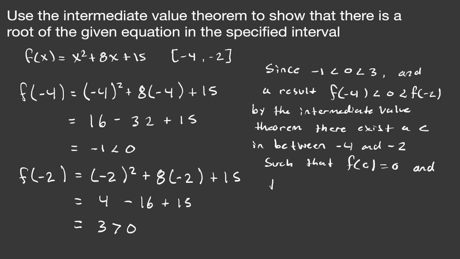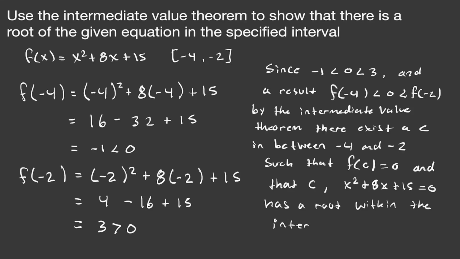And that c, for this function x squared plus 8x plus 15 equal to 0, is a root within the interval of -4, -2, in brackets.